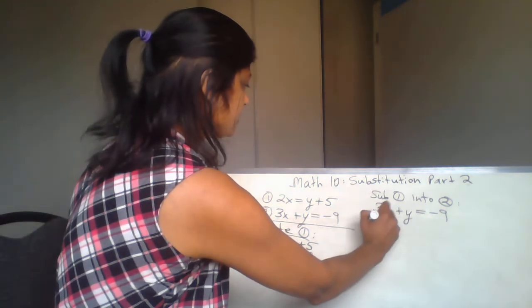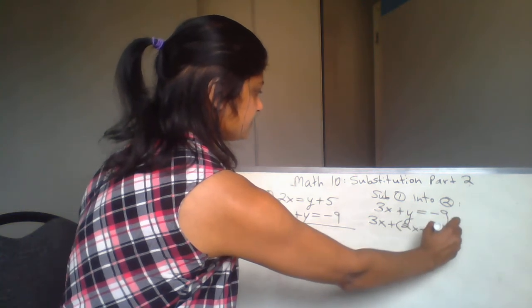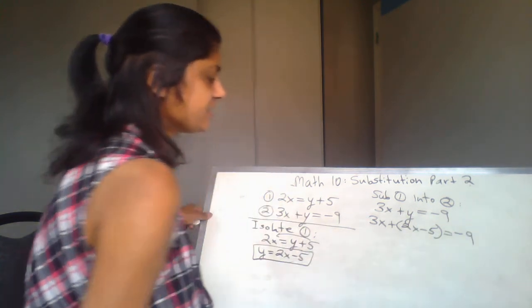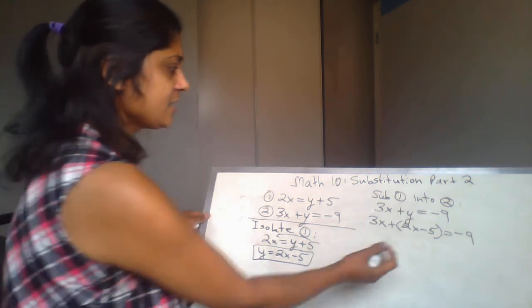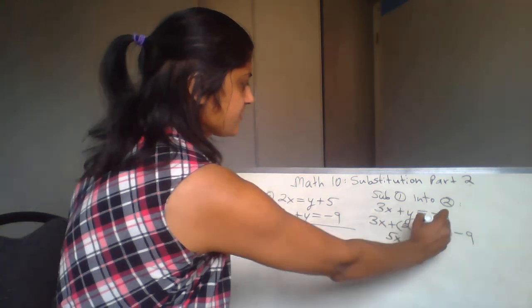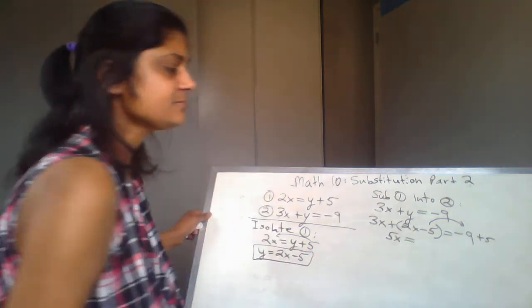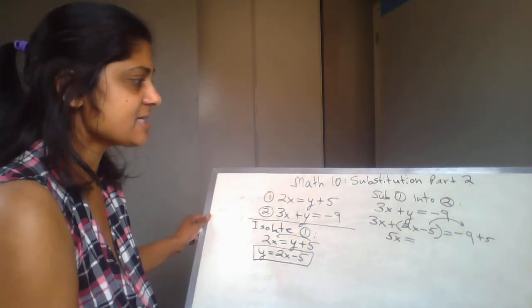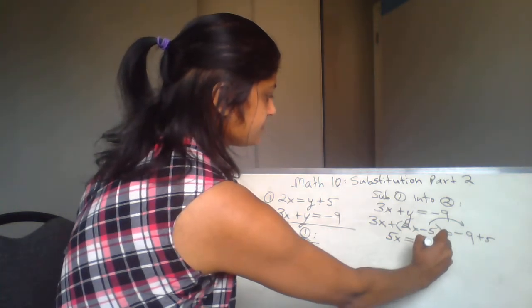So 3x plus (2x minus 5) equals negative 9. Now because I'm not subtracting here, I'm just adding, I can put the like terms together. So 3 plus 2, so 5x. And we're going to take the negative 5 to the other side. This is negative 9 plus 5, which is negative 4.